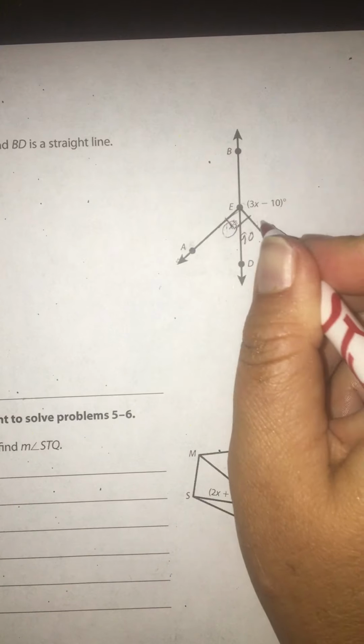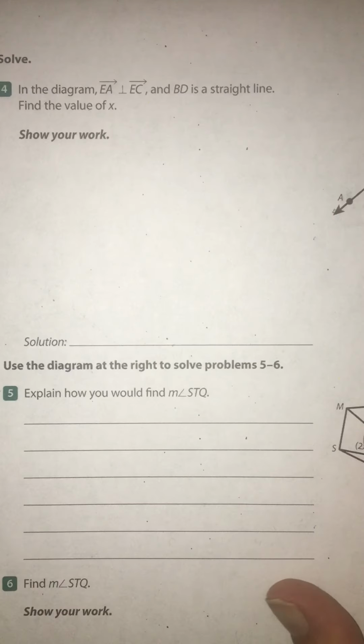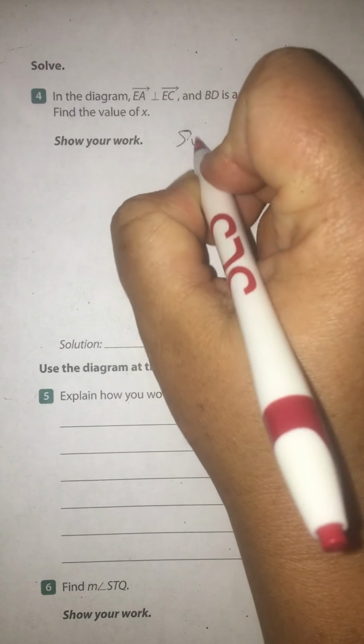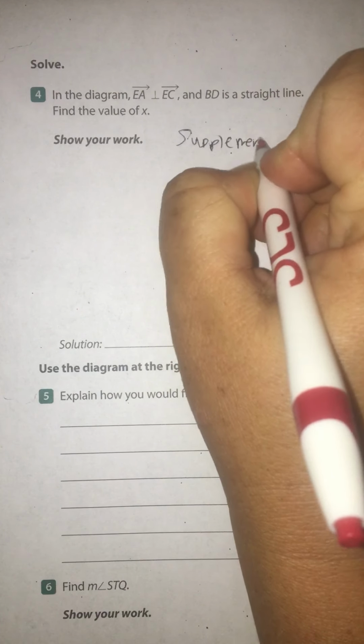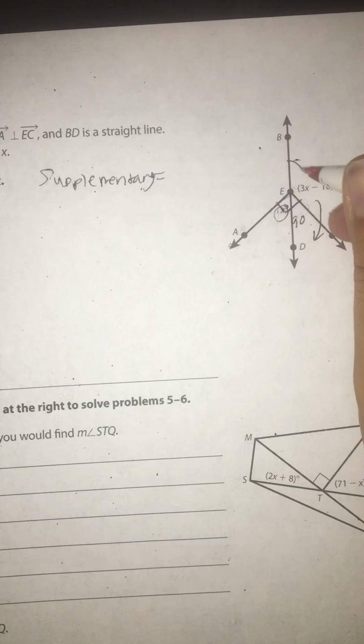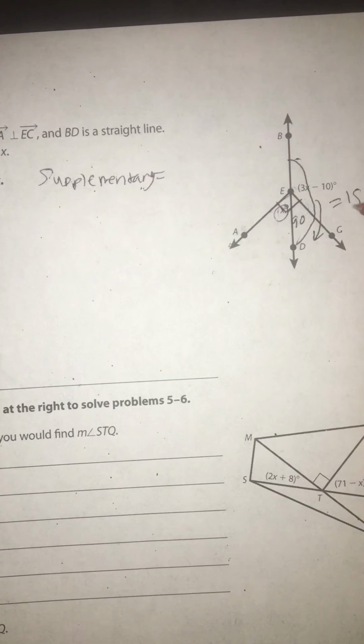X is right here. So when I'm looking at what I want to do, I have to figure out supplementary angles. Supplementary is like saying this plus this equals 180.